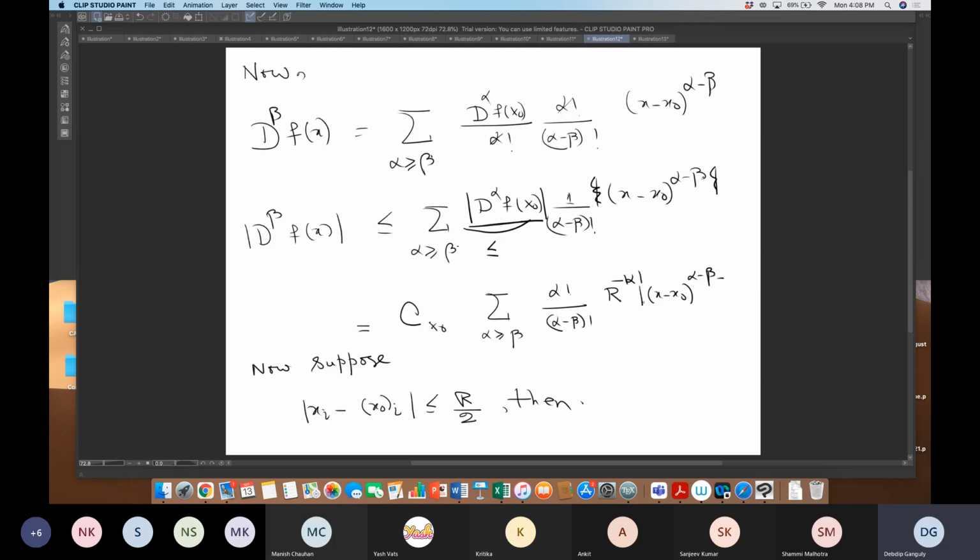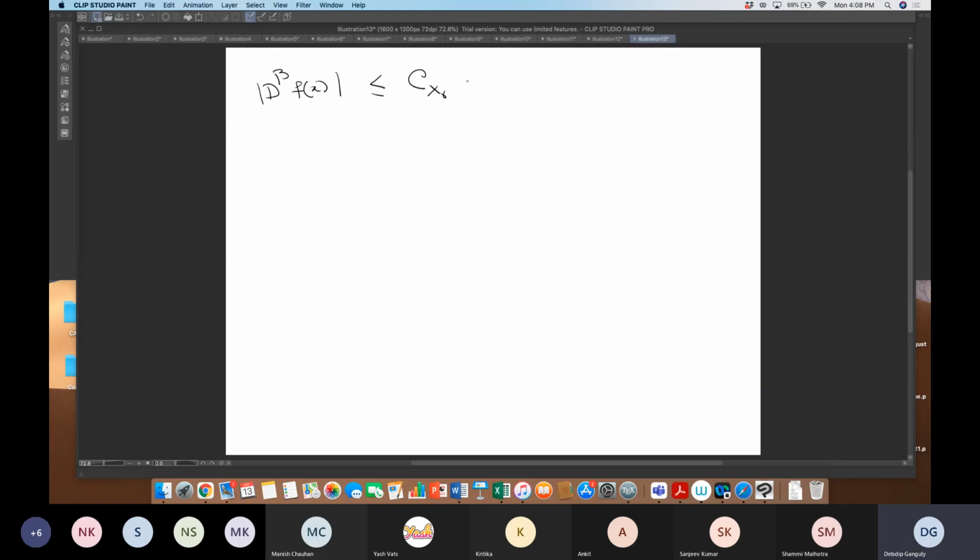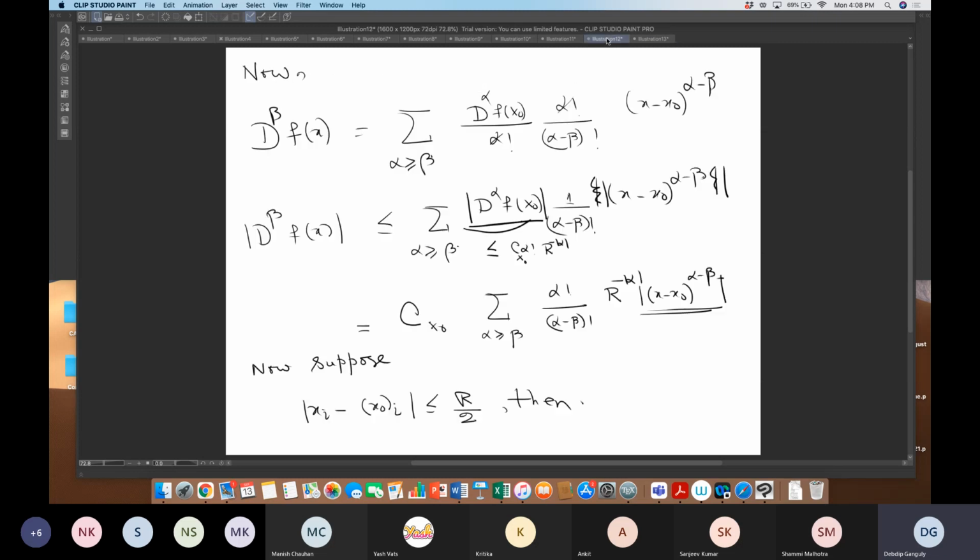So we have this quantity now. I have just used this estimate, less than c alpha factorial, where c always depends on x naught, alpha factorial into r to the power minus mod alpha. I substitute this part here, but this part is still there: c x naught summation over alpha greater than or equal to beta of alpha factorial by alpha minus beta factorial. So here also we have |x minus x naught| less than r by 2.